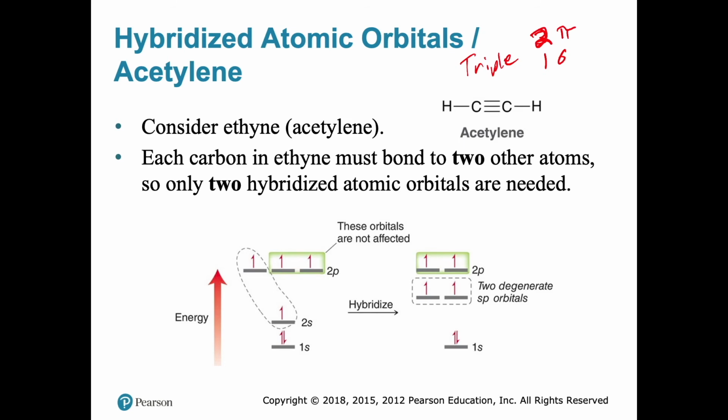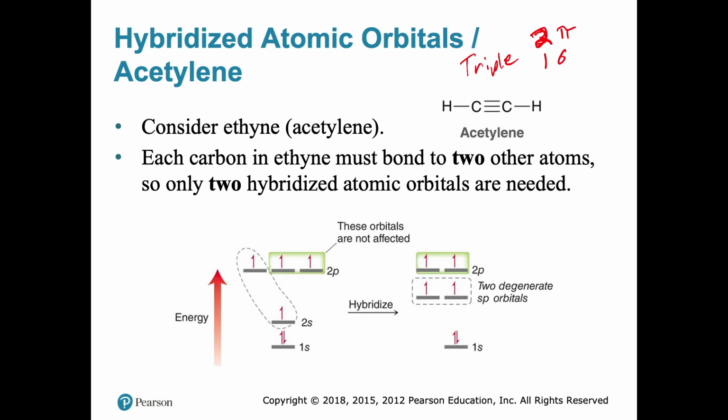You have one electron from the hybridized sp orbital. The two s orbitals are gone now. So one of these forms a sigma bond between the hydrogen and carbon. One of these electrons forms a sigma bond between the carbon and the carbon.